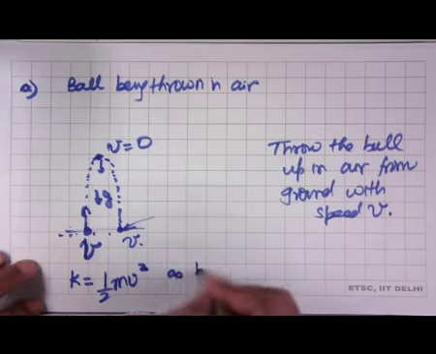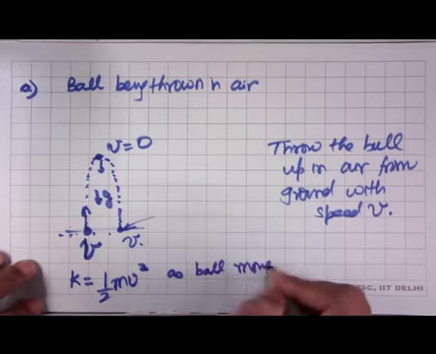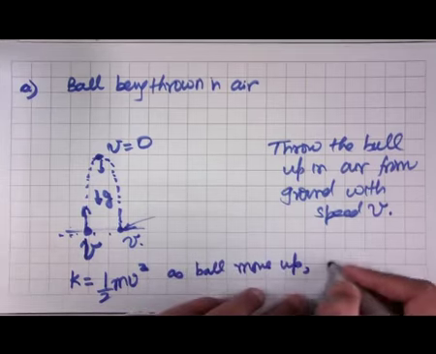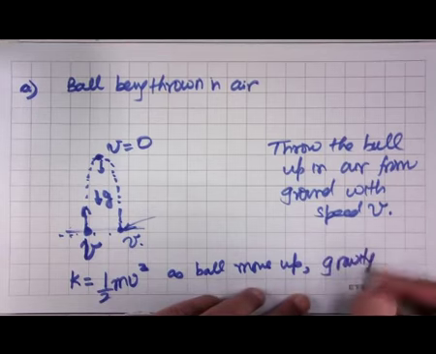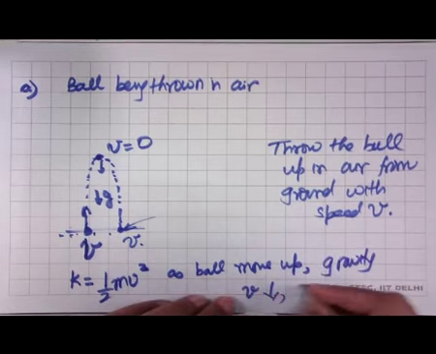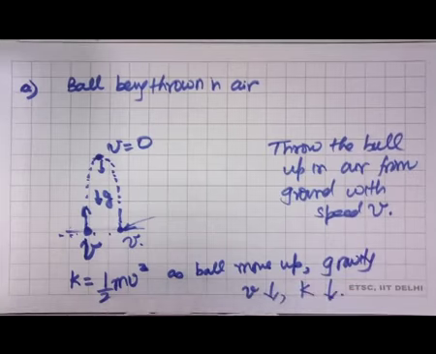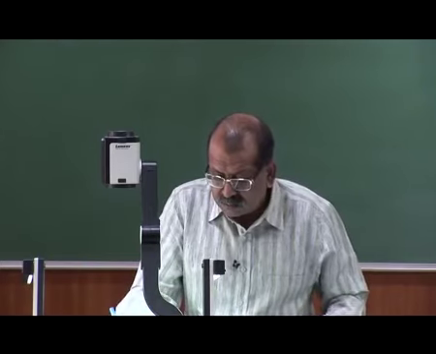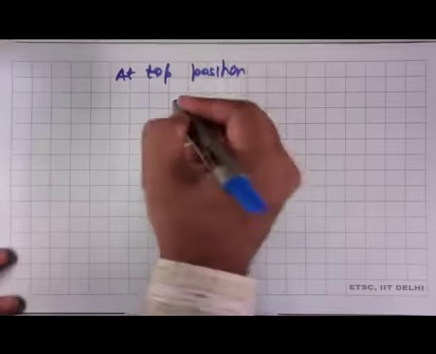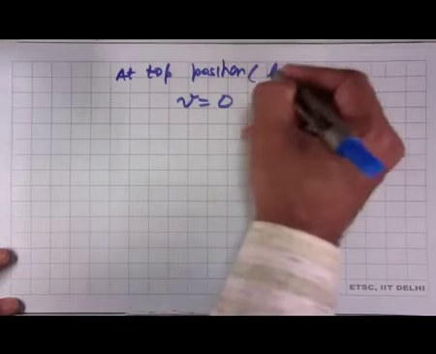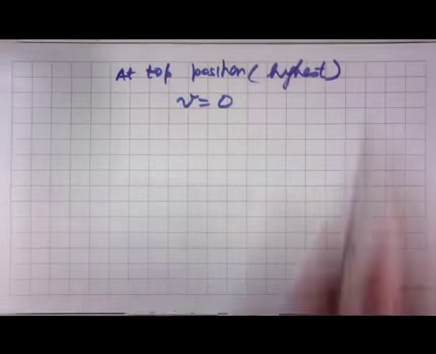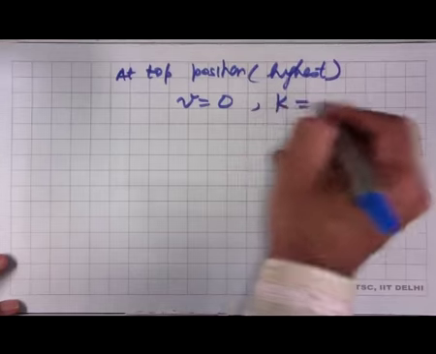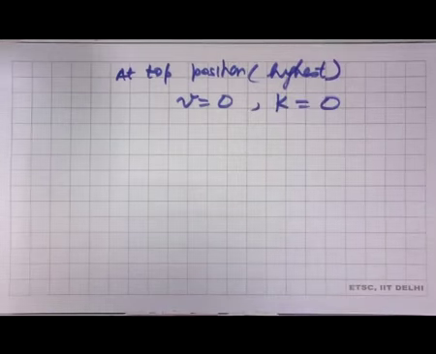As the ball moves up, due to gravity, the speed v comes down, which means kinetic energy comes down. At the top position, the highest position the ball will take, the velocity becomes equal to 0, which means the kinetic energy has become 0.